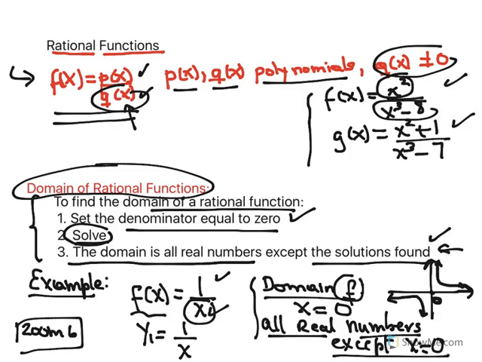Let's do another example. Let's take g of x equals 2 divided by x minus 2. If I have this function and I want to find the domain, I take the denominator and make it equal to 0.